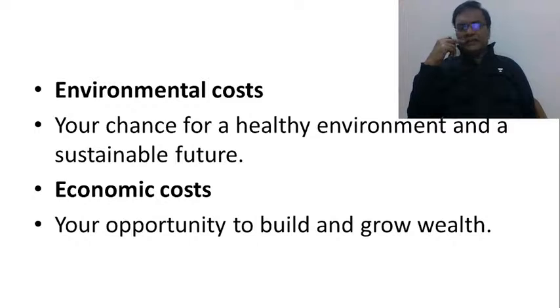Then proceeding further, economic costs. Your opportunity to build and grow wealth. Since there is so much corruption, the society will become an unequal society. Those who have access to positions of power are the ones who can become rich.